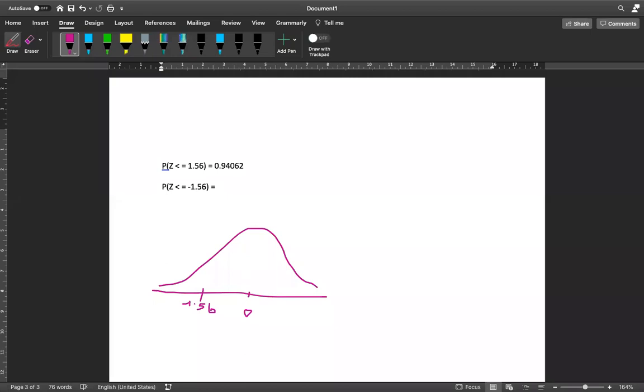Now, where do we shade? The very tail to the left, to negative 1.56. I like that expression. The very tail to the left of negative 1.56, isn't it? Yes, please.